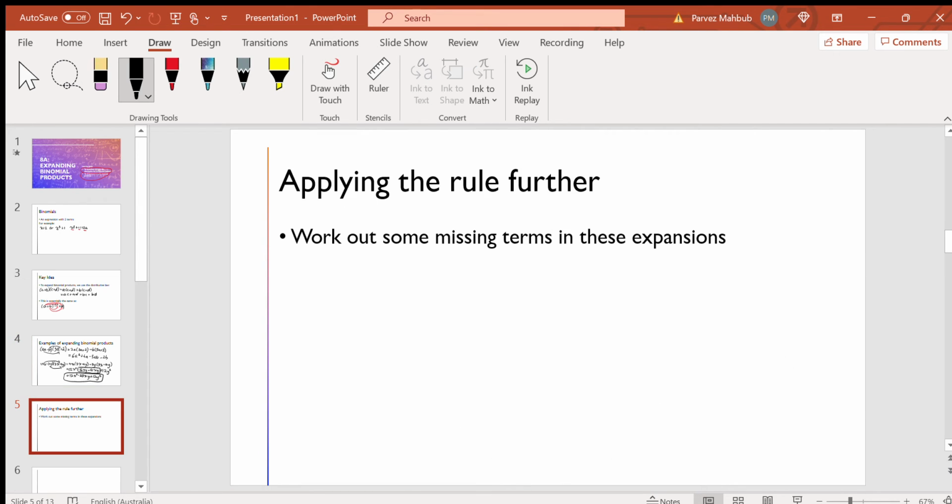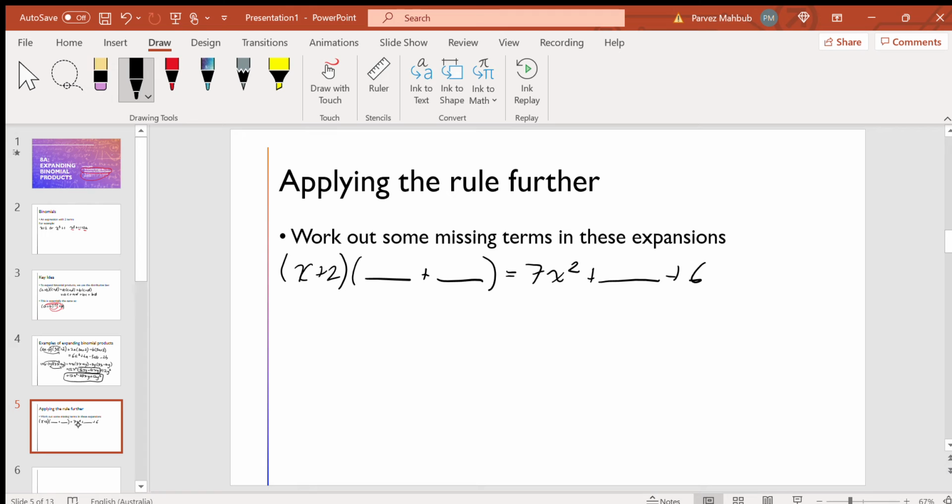So let's take this a step further, and we're going to work out some missing terms in these expansions. So x plus 2 times two unknown terms is equal to 7x squared plus an unknown term plus 6.